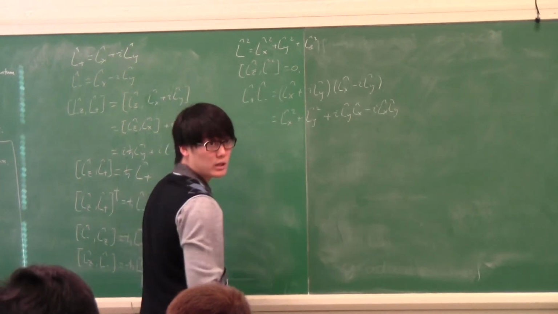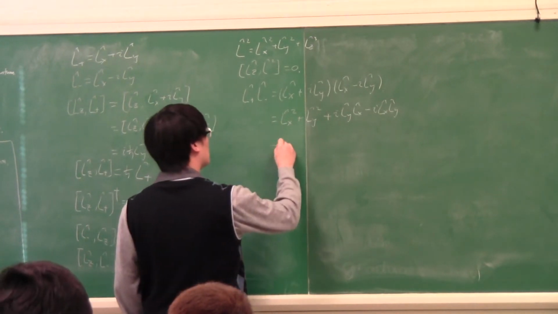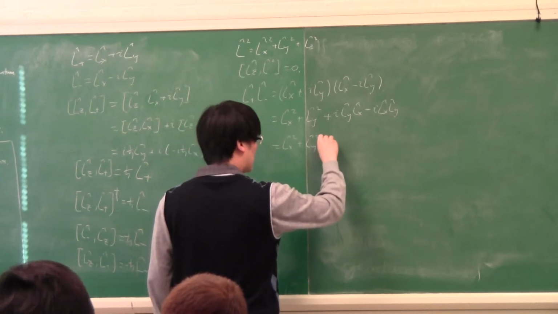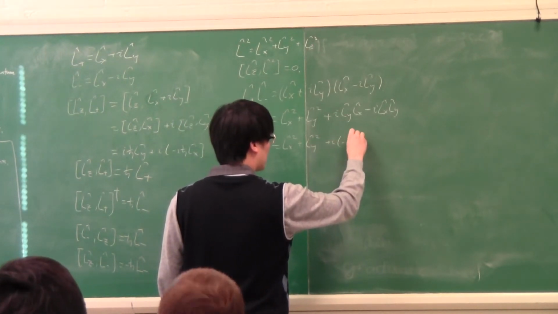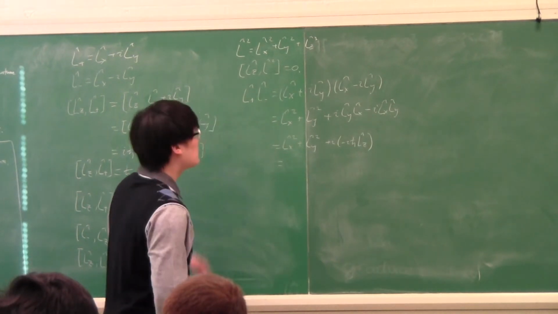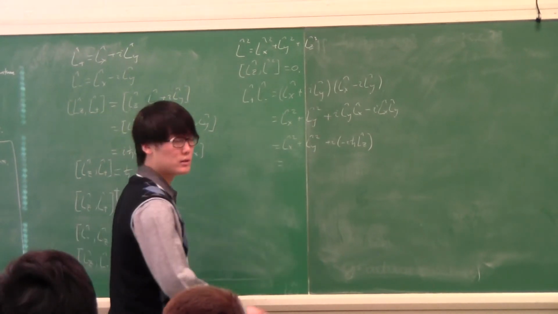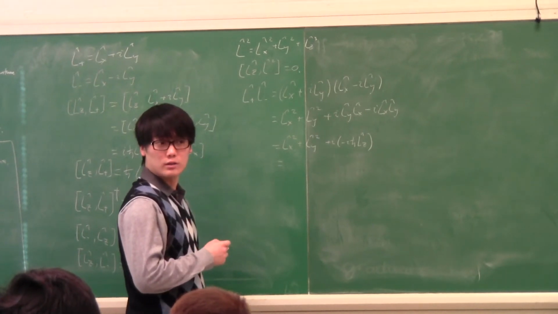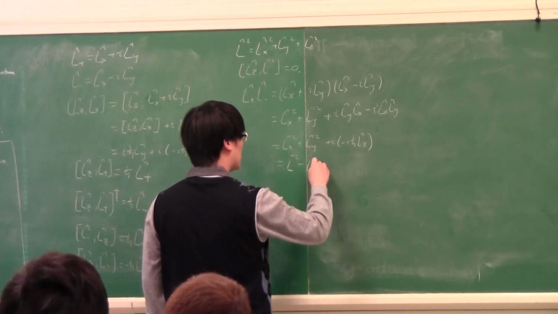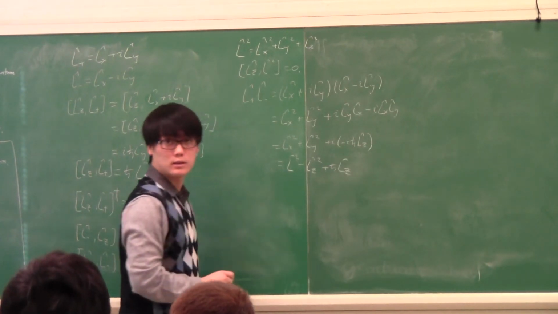Now this is just i times the commutator of Ly and Lx, which is minus i h bar Lz. So this is Lx squared plus Ly squared plus i times minus i h bar Lz. And now let me use this definition to write Lx and Ly in terms of L squared and Lz, because these are the two operators we're going to work with. So this is just L squared minus Lz squared, and then this is plus h bar Lz, correct?